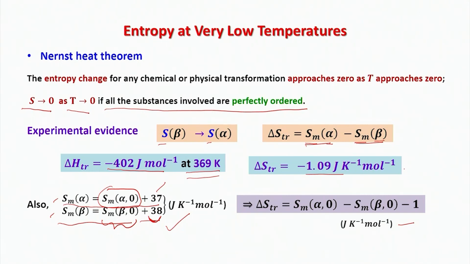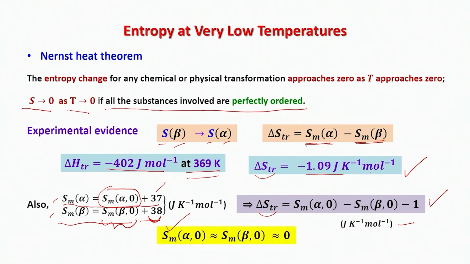Now let me compare these two panels. Both of them tell me that I am measuring the same thing: the change in entropy during the transition of sulfur from its beta phase to its alpha phase at 369 Kelvin. Now, if I compare these two, I can equate this quantity to this.